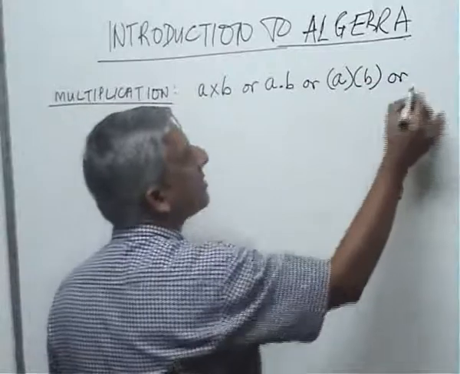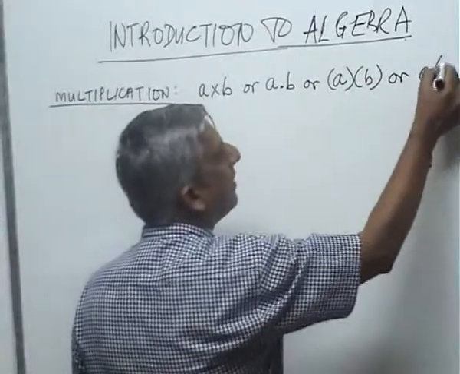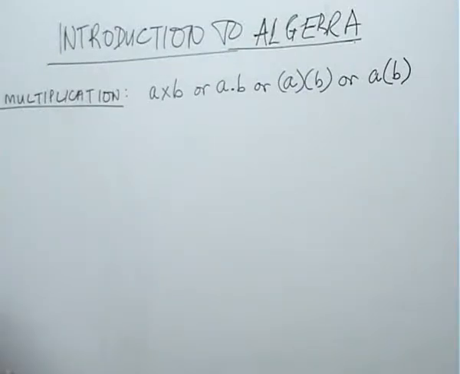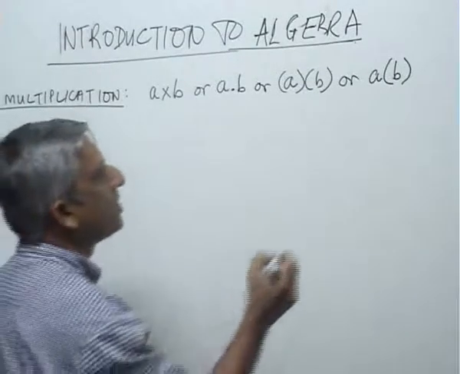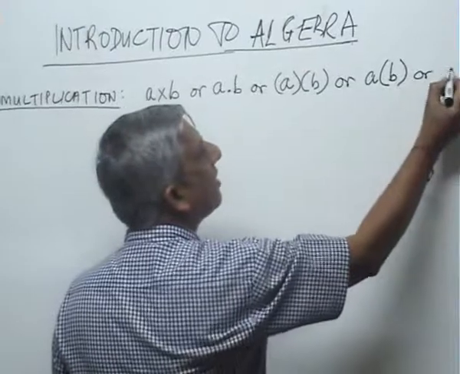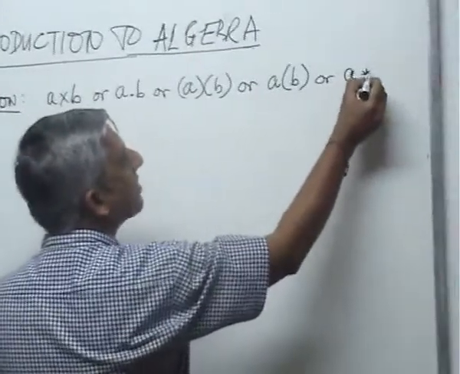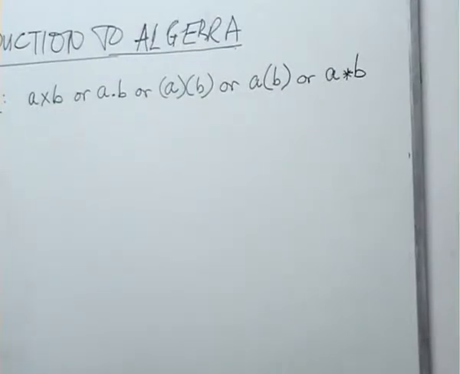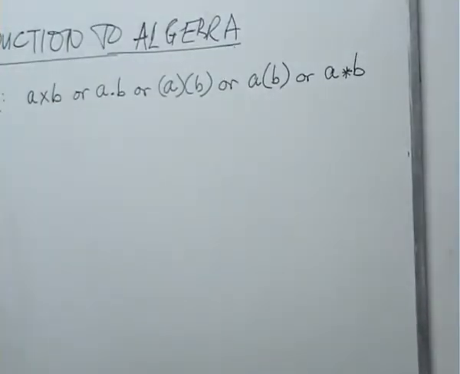Or it can be written as A there and the B in bracket. All these mean A times B. Well, it's still not finished. Or it can be A asterisk B. Now all this is telling you to multiply.